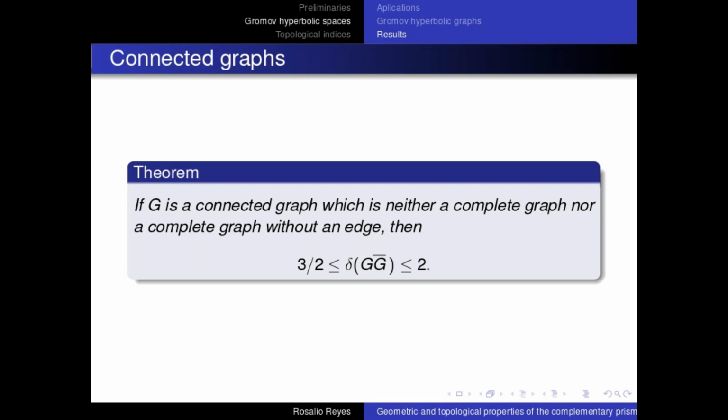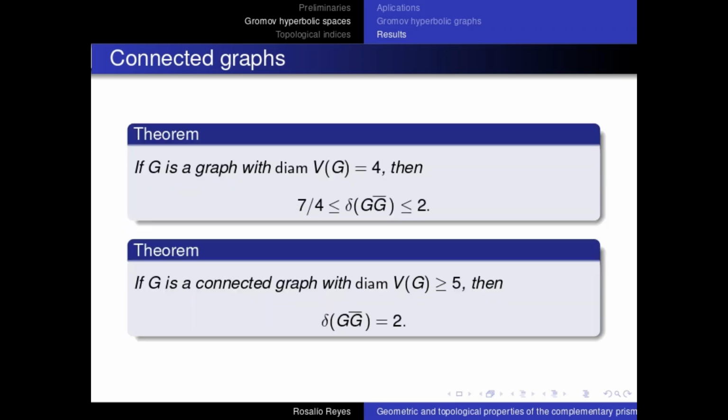The following result is very similar to the previous case. Now we study the case when the diameter of vertices is equal to 4. Finally, we have the case when the diameter of vertices is greater than or equal to 5. In this case, the upper bound is reached for every network with this diameter.